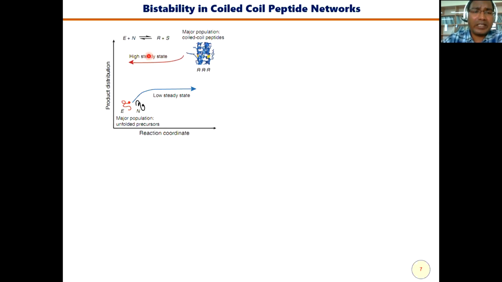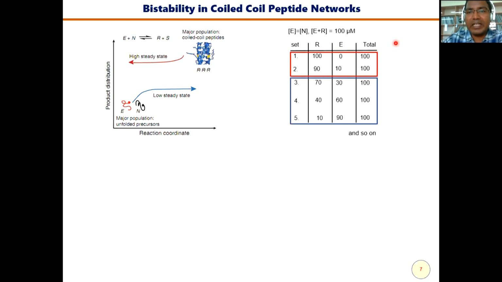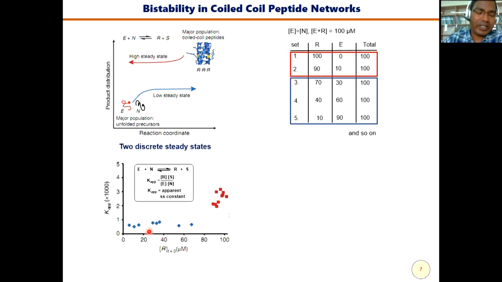To get the high steady state and low steady state, we designed the experiment where E plus R is equal to 100 micromolar, and we have clearly shown here that if we start the reaction from a low concentration of R, with electrophile and nucleophile, it gives only the low steady state.